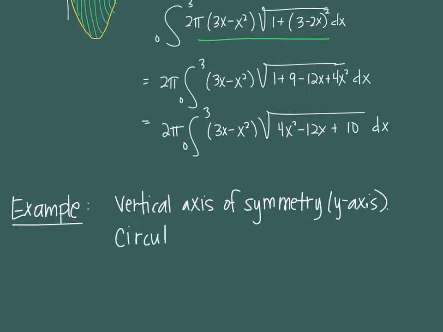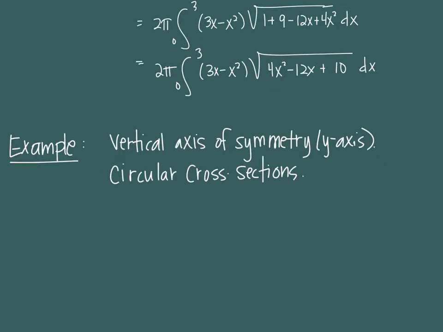Circular cross sections. And edge formed by f of y equals 1/3 y cubed. And the bounds are going to just go from 0 to 1.